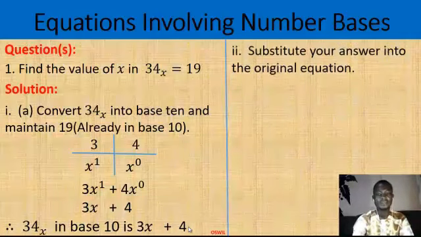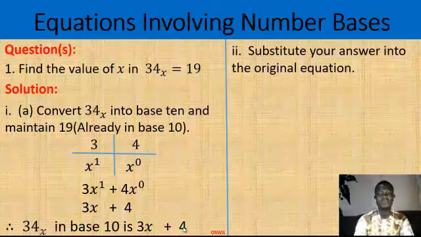In our next thing, we have to substitute this answer we have gotten, 3x plus 4, into the original question. Wherever we see 3, 4 base x, we substitute 3x plus 4.